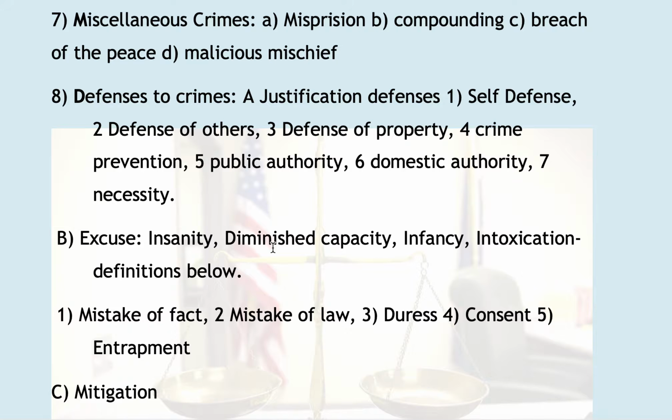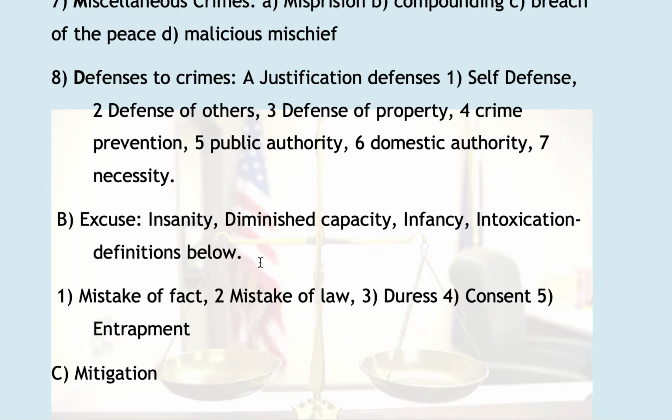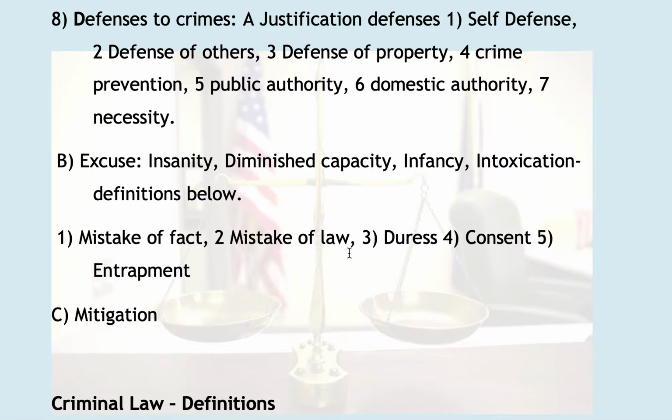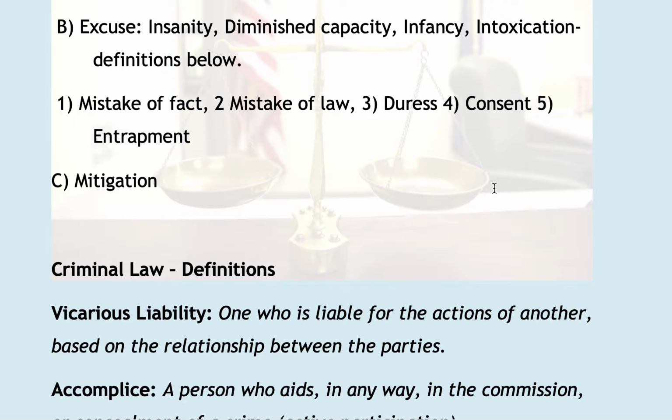Defenses to crimes: justification defenses, self-defense, defense of others, defense of property, crime prevention, public authority, domestic authority, and necessity. Also, excuse: insanity, diminished capacity, infancy, intoxication. Definitions below. Mistake of fact, mistake of law, duress, consent, entrapment, and mitigation.